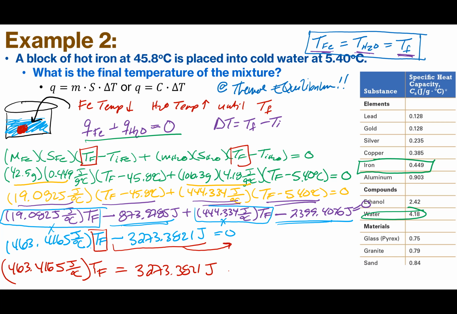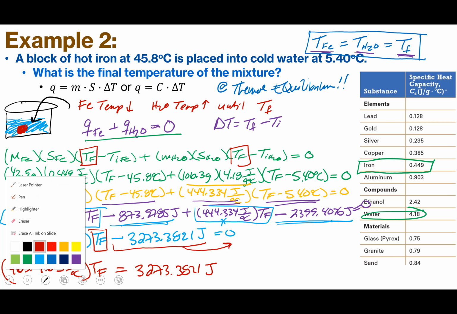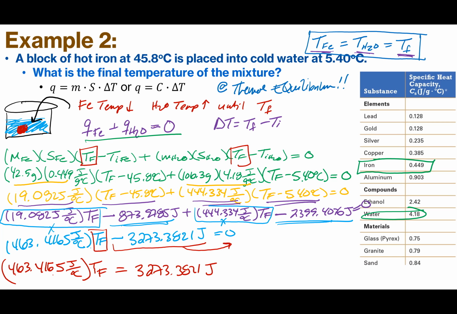Then our last step is to get our T final by itself, and we'll do that by dividing by this number on both sides. That'll give us to say that T final is 7.0636 Celsius. And for three significant figures, we'll call that 7.06 Celsius.